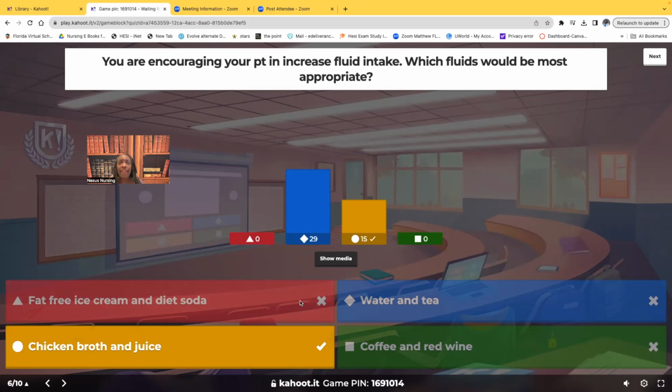Remember, guys, caffeine irritates the bladder. It makes the patient want to urinate more. We're trying to make the patient hold on to fluids. So why would we tell them to drink coffee or tea? Absolutely not. And I'm happy no one chose coffee and red wine because we're not going to encourage alcohol. And again, we're not going to encourage anything that has caffeine or anything that can act as a diuretic. We're trying to get the patient to hold on to fluids.